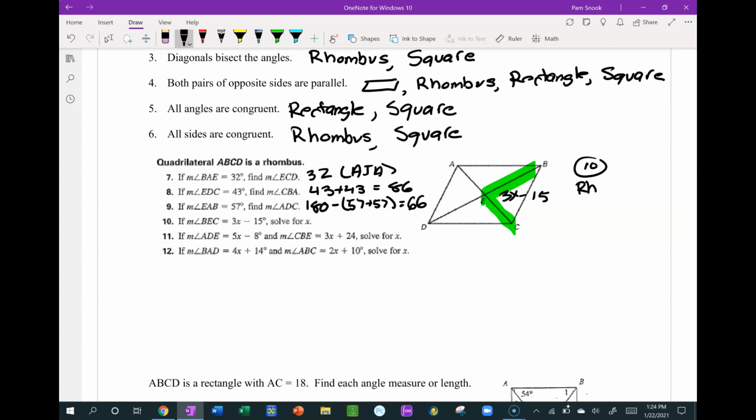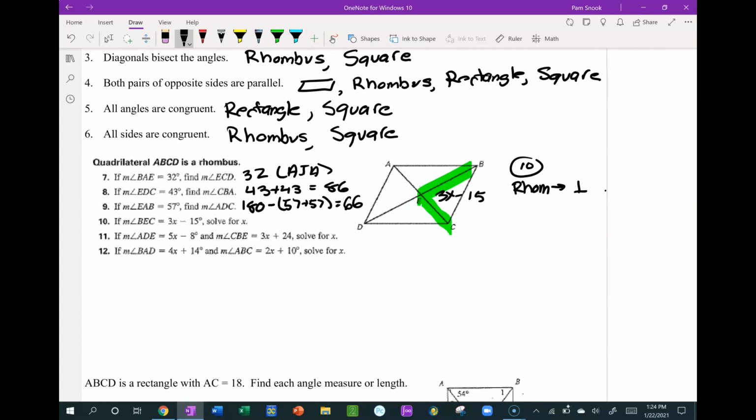So rhombus implies perpendicular diagonals. Therefore, 3x minus 15 equals 90. Go ahead and add 15 to both sides, so 3x equals 105. So what does x equal? I got 35.